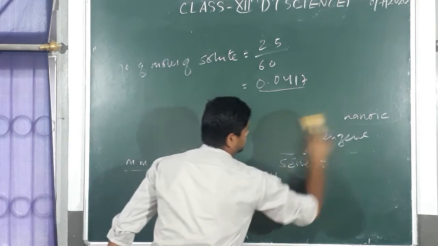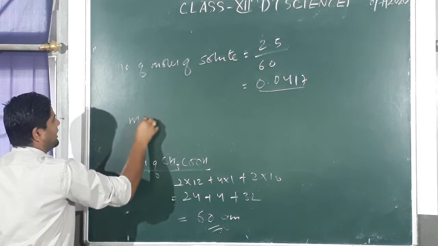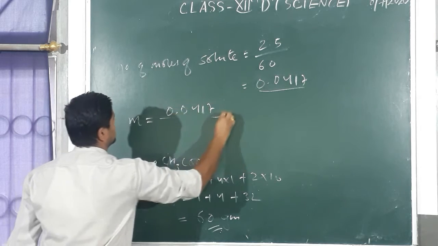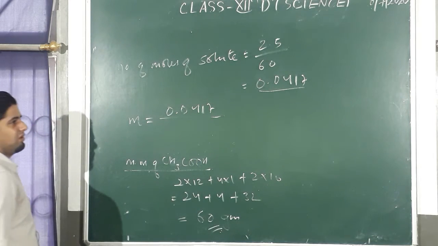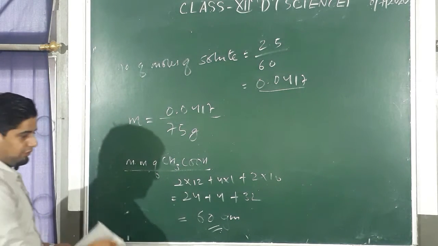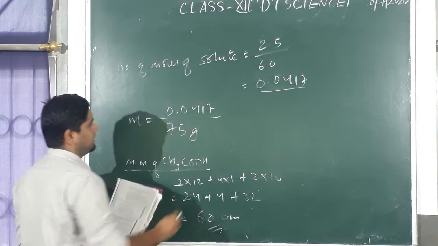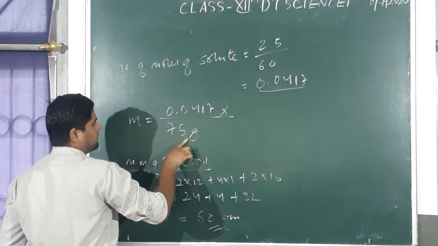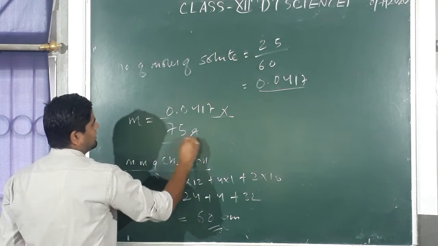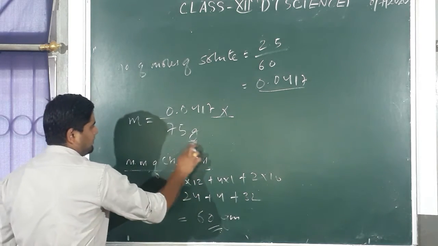So small m is equal to 0.0417, that is moles of solute, divided by mass of solvent, that is 75 gram. Now use that particular conversion table which I have given to convert this gram into kilogram. Because you are converting a smaller unit to a higher unit, you need to divide by 1000, so this 1000 will go above here.